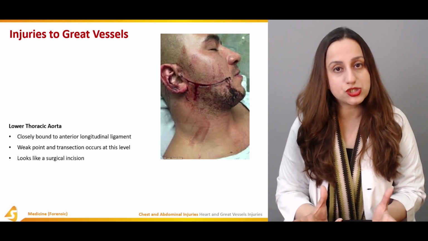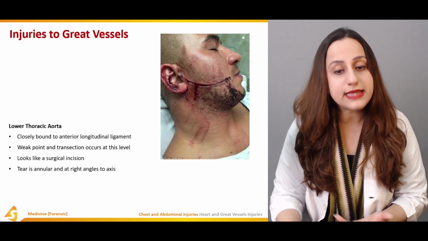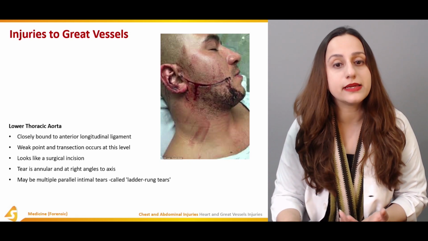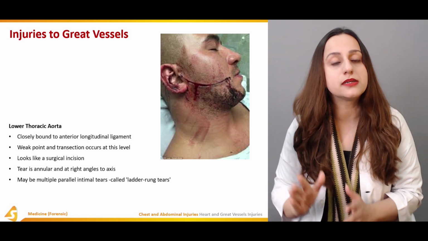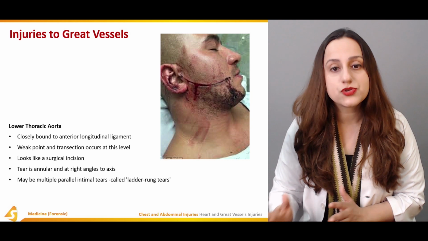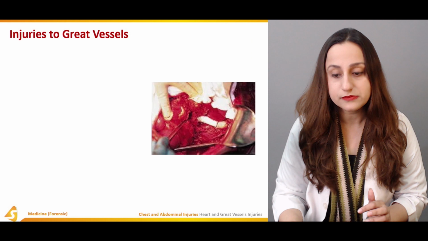It looks like a surgical incision, because it is a very clean cut, and the tear is annular and at right angles to the axis, and there may be multiple parallel intimal tears, a term which is known as the ladder rung tears. So these are seen in the lower thoracic aorta.